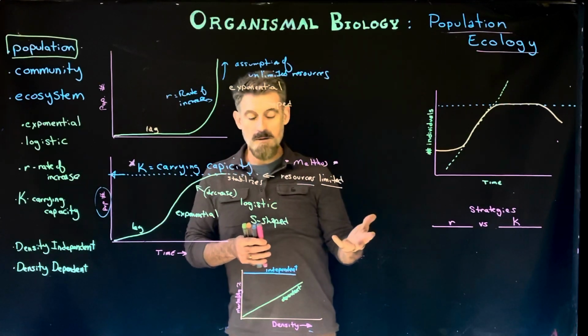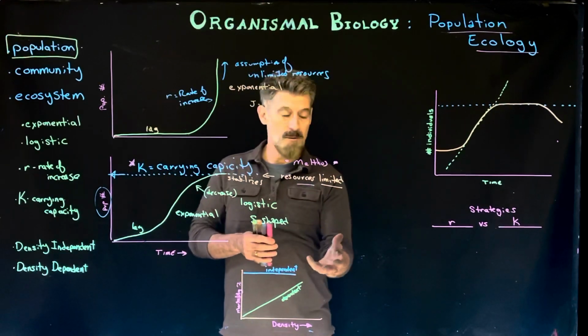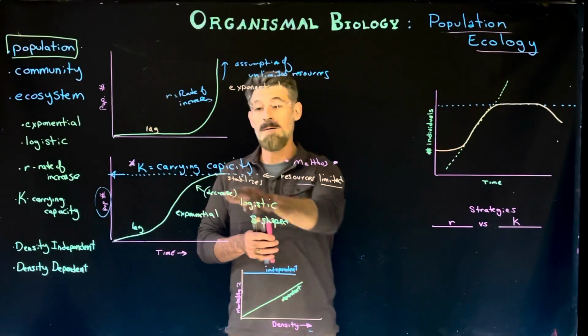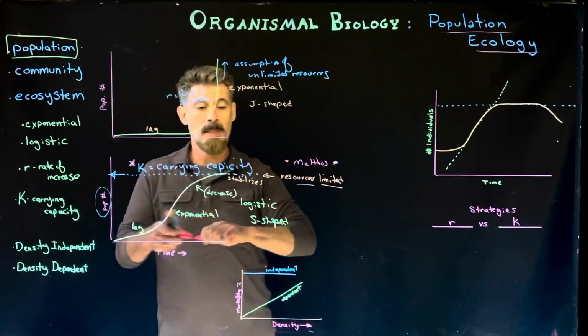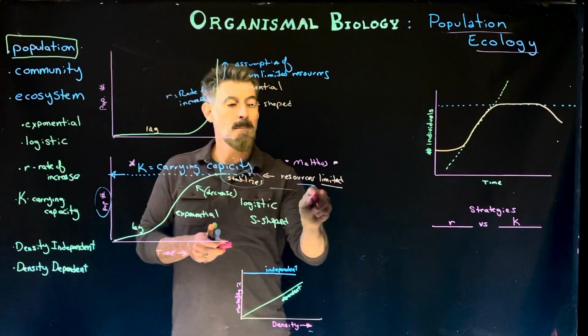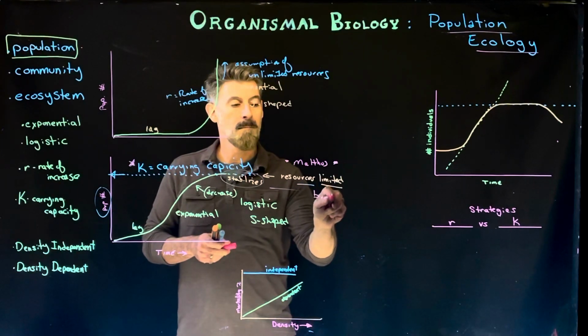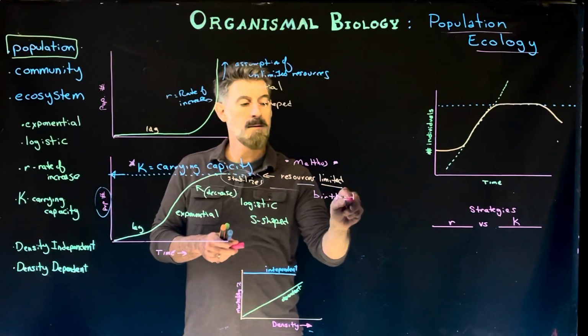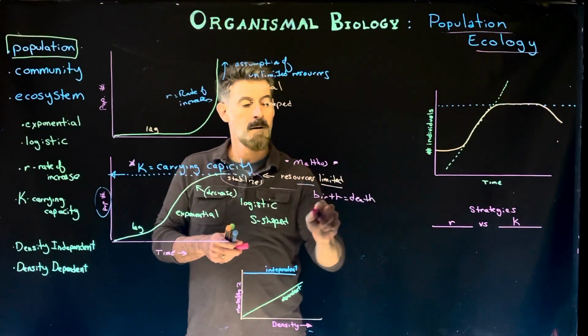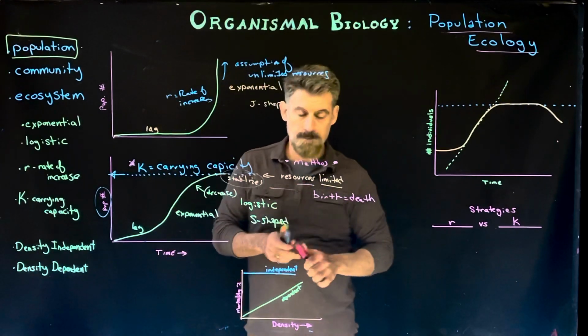There are factors that are going to affect the death of individuals in a population, because when you reach this stabilization here, you have birth and death rates equaling out.